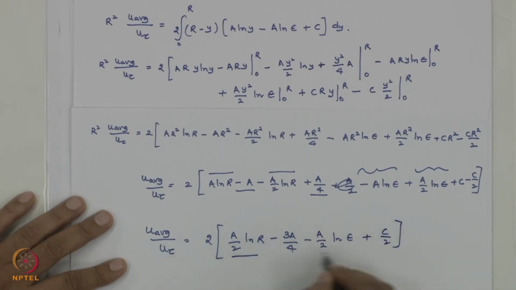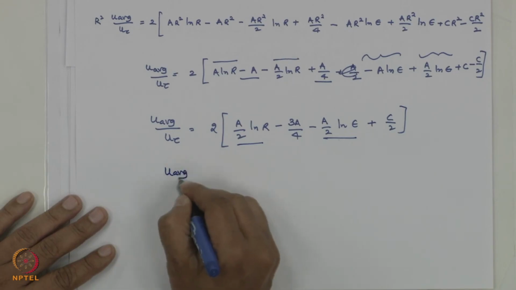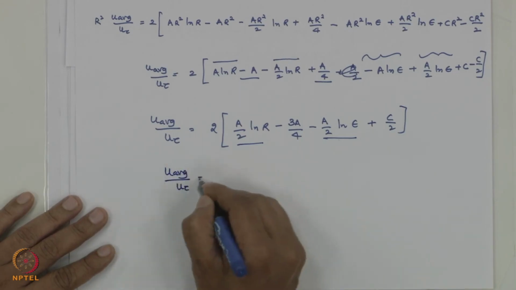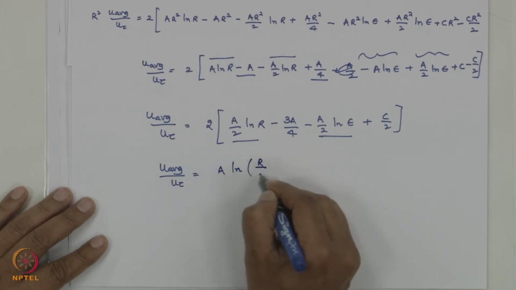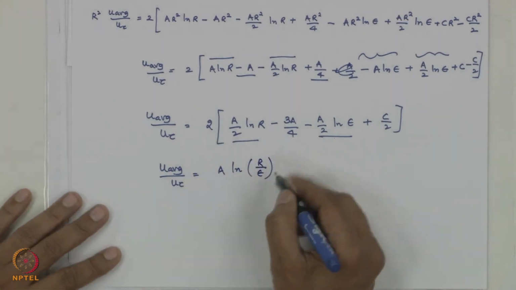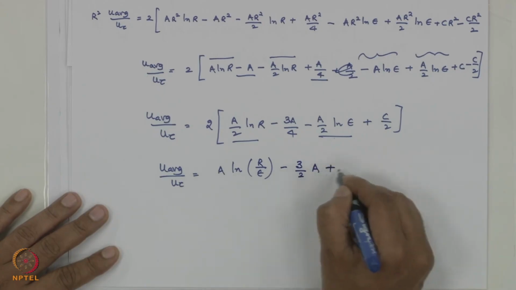So these two we can combine. So I can write this as u average by u tau equal to a log R by epsilon, I have subsumed 2 inside, minus of 3 by 2 a plus c.